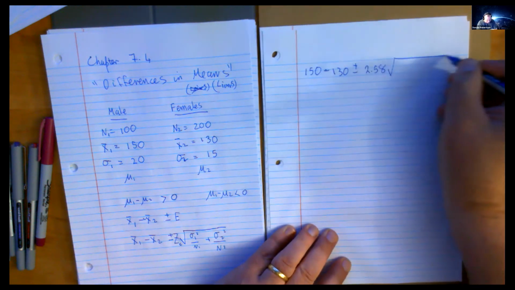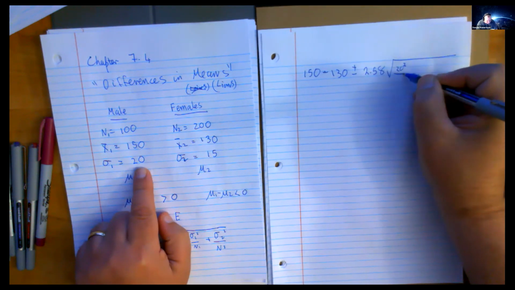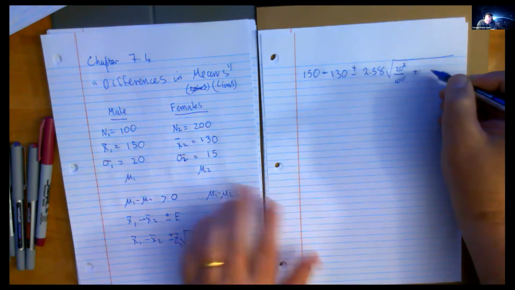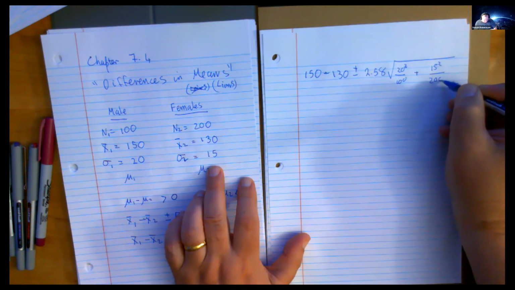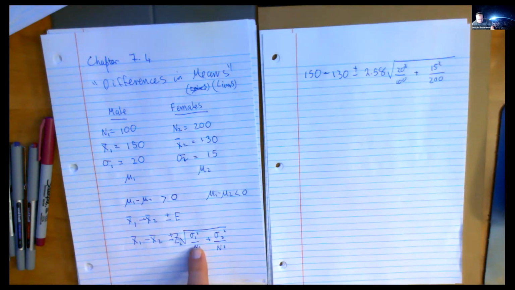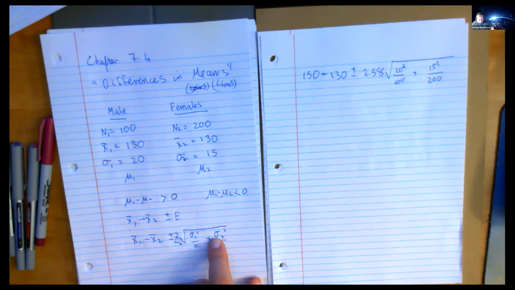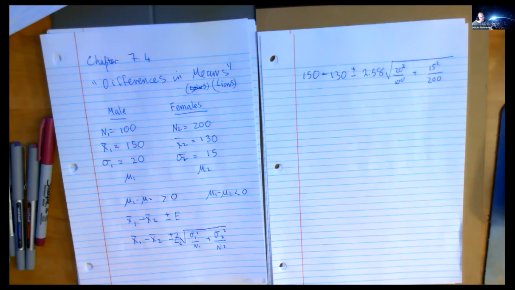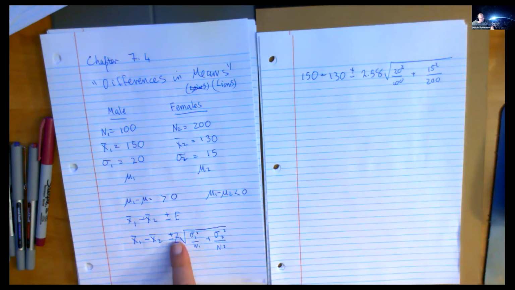Square root of 20 squared divided by 100 and 15 squared divided by 200. See, sigma 1 squared over n1, 20 squared over 100, sigma 2 squared over n2, 15 squared over 200. Are you comfortable about where all these numbers are coming from? They're all coming from here.